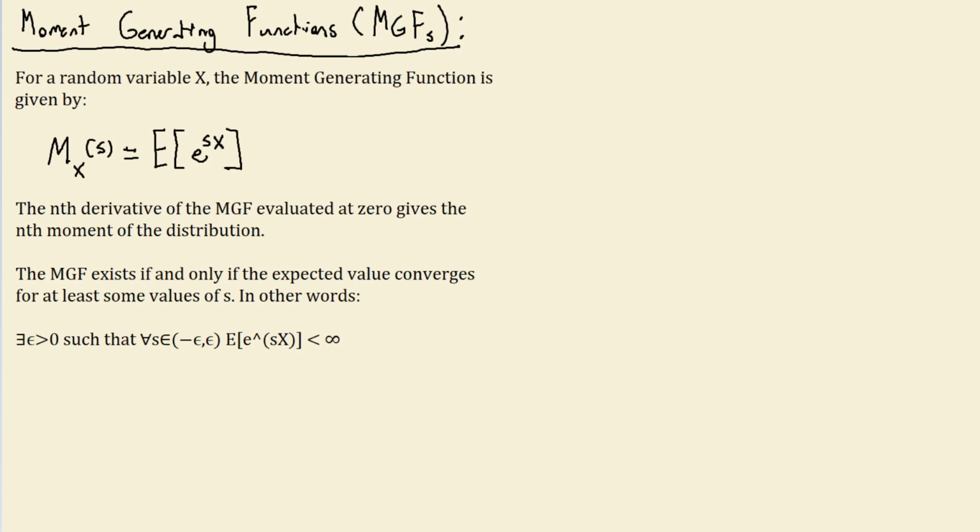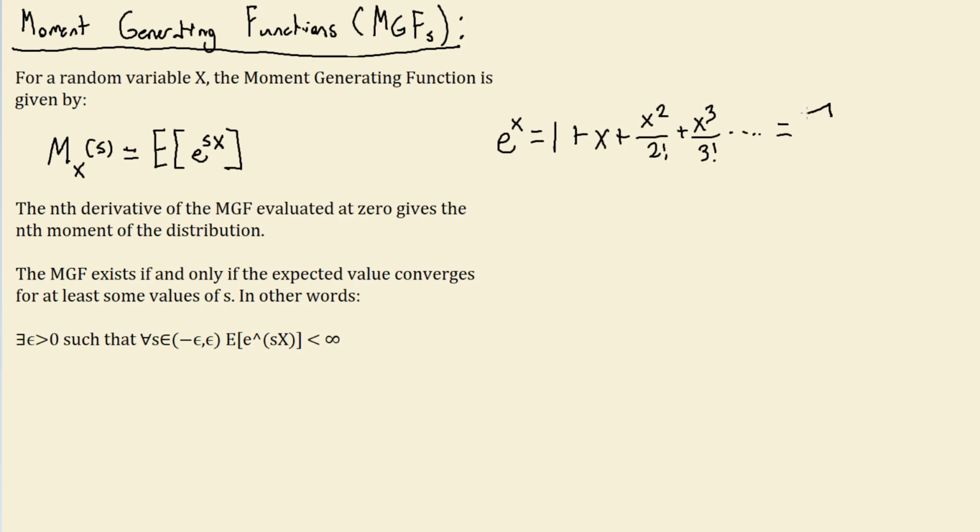All right, so let's walk through this definition. I'm also going to talk about this condition here, because both of these are a little bit hard to wrap your head around, but they should make sense. This moment generating function is essentially derived from the Maclaurin series or the Taylor series for e to the x. If you recall from calculus, we know that e to the x can be written as the infinite polynomial sum of 1 plus x plus x squared over 2 factorial plus x cubed over 3 factorial, and so on.